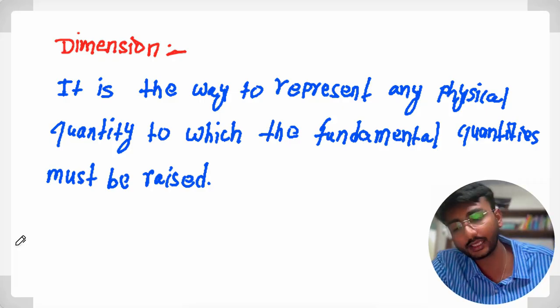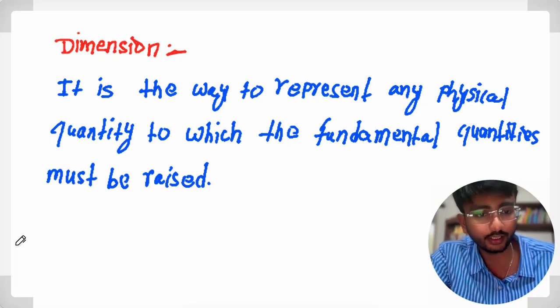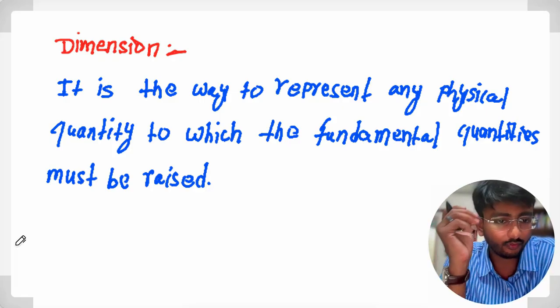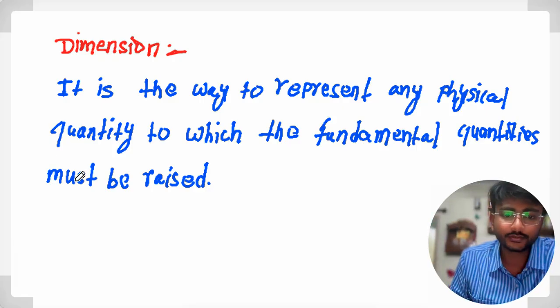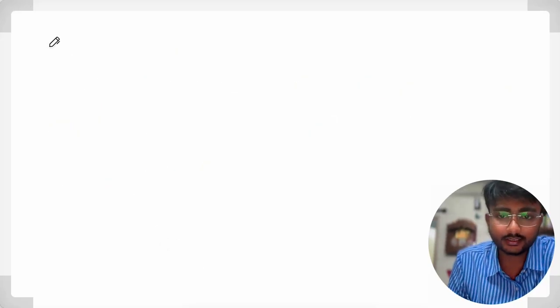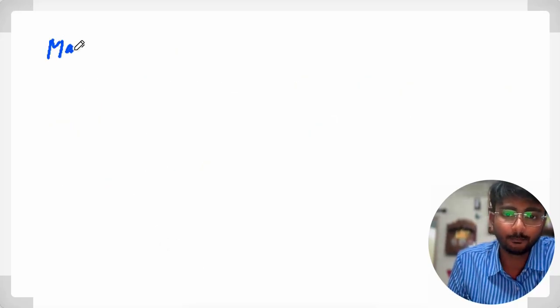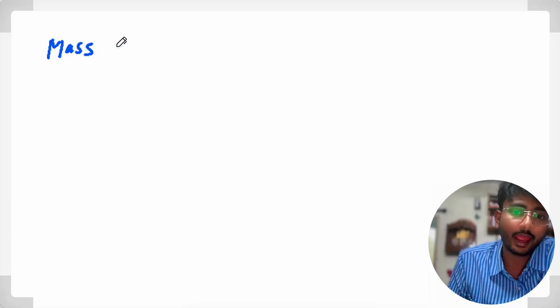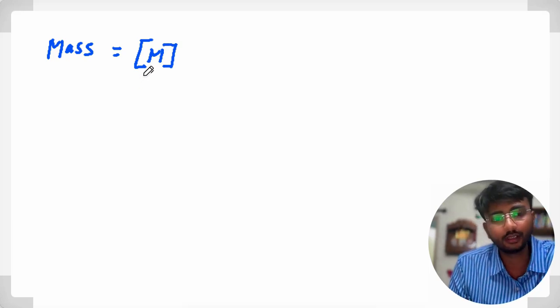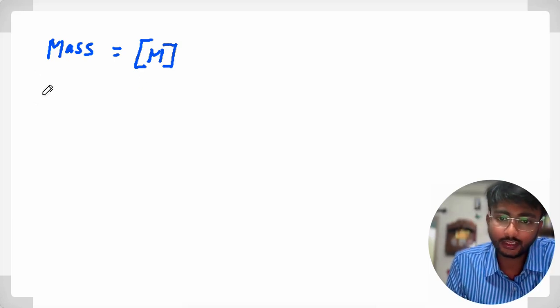So now let's understand how we can represent a fundamental quantity by its dimension, or generally the dimension of a fundamental quantity. The first is mass. Mass can be represented as square bracket capital M. This is the dimension of mass.